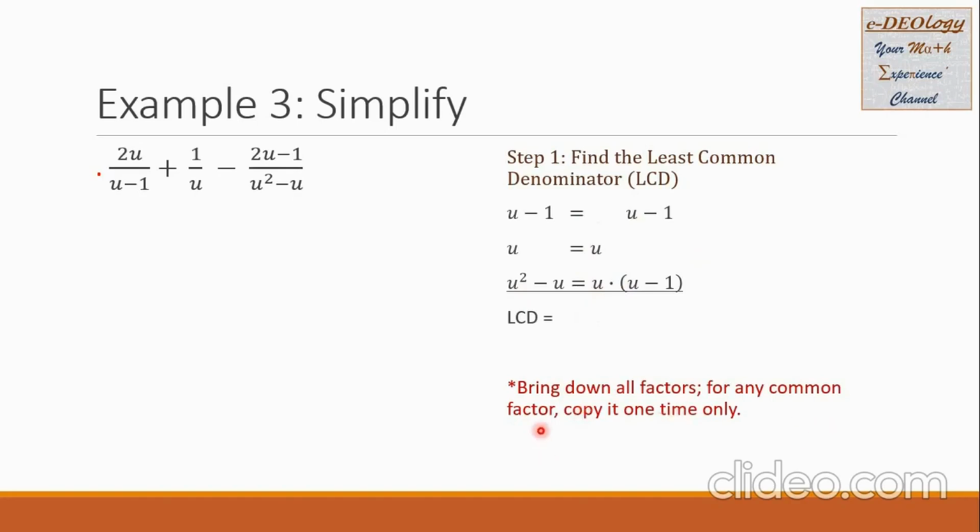For any common factor, we will copy it one time only. So you see here the u is common. We will copy it one time. Also the binomial u minus 1 is common in the first and the third denominators, but we will copy it only once. So this is our LCD.